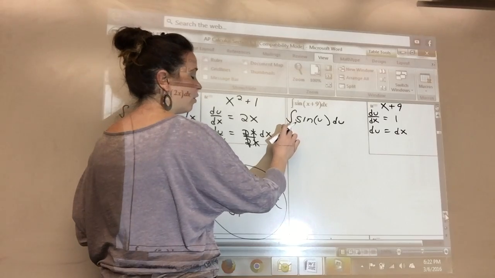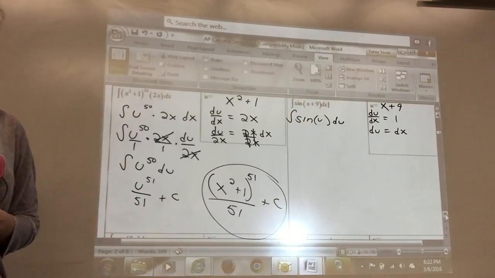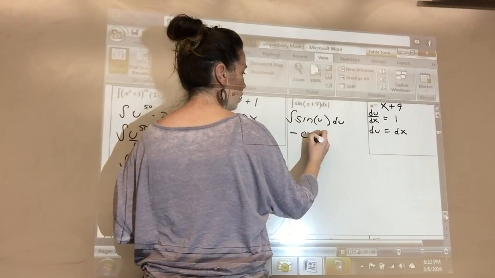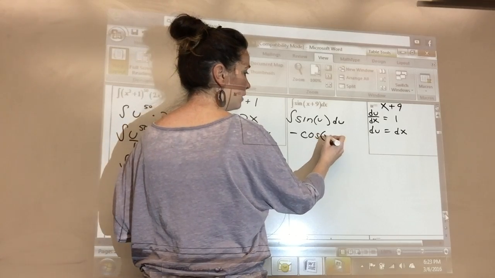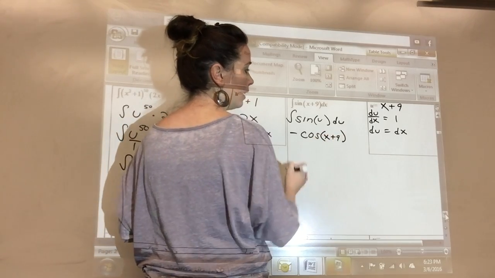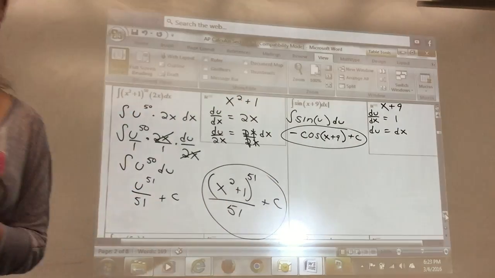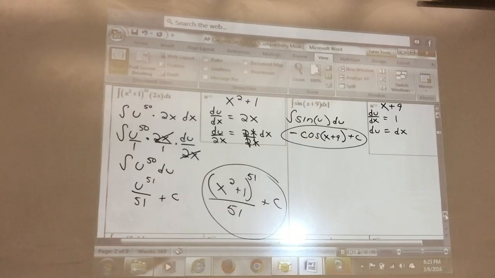So what is the integral of sine? Hopefully you're saying negative cosine. So I have the negative cosine of u, but u would then be replaced as x plus 9. So I'm going to do that now, and then put my plus c for my final answer. Okay? Next problem.